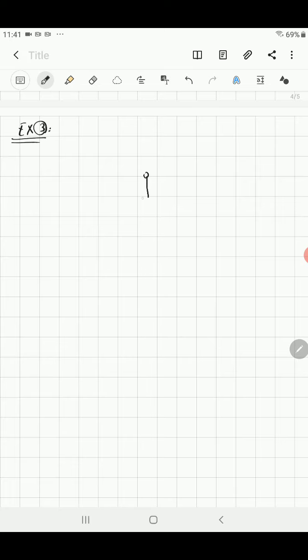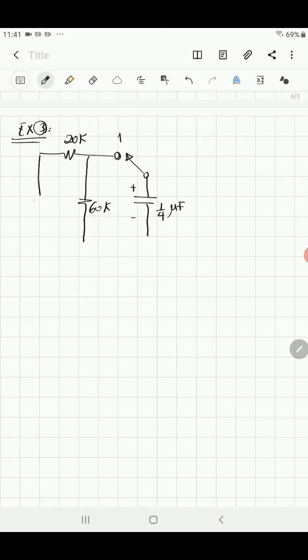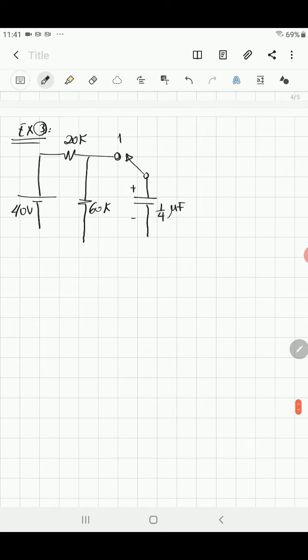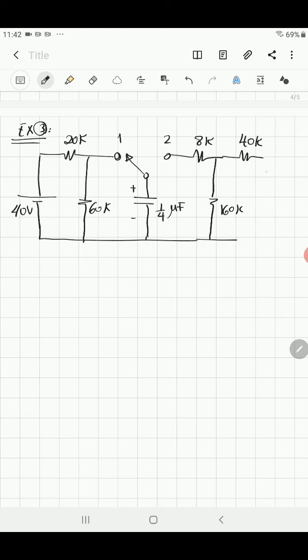Now let's go and solve the example. We have a switch and a capacitor. The capacitor is 1/4 microfarad, and the switch was at position 1 in the beginning. We have resistances 20K and 60K, and a power supply of 40 volts. In position 2 we have 8 kilo ohm, 160 kilo ohm, 40 kilo ohm, and a power supply of 75 volts.